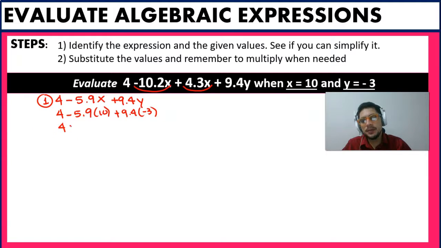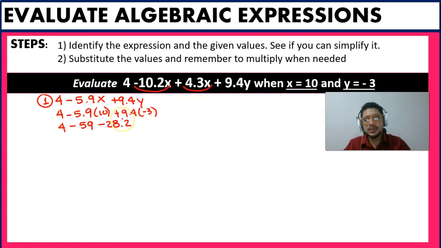So 4, and then we have minus 5.9 times 10, which is minus 59. And then plus 9.4 multiplied by minus 3: plus times negative is negative, and 9.4 times 3 is 28.2.